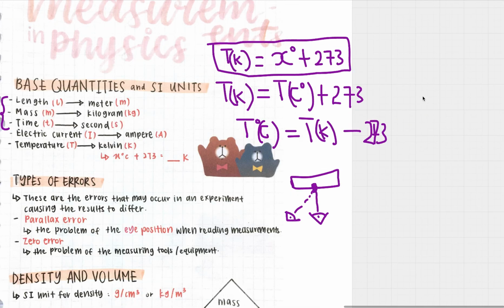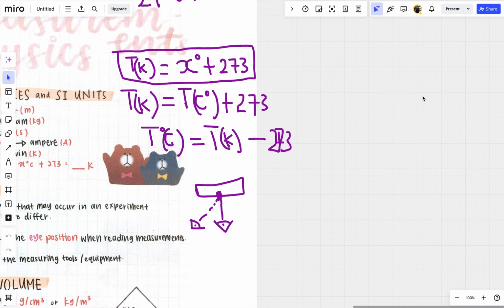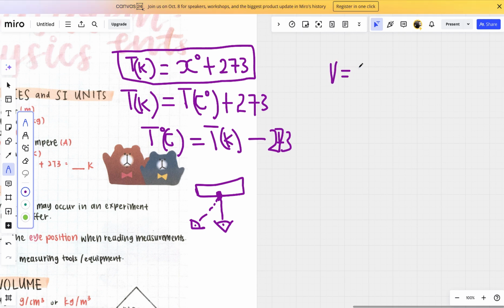So if we're talking about a cylinder, you want to calculate the volume. Because it's a regular shape, V is what? V is equal to pi r square H for a cylinder, okay?